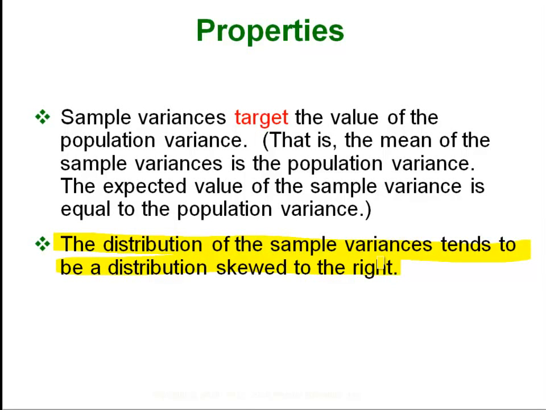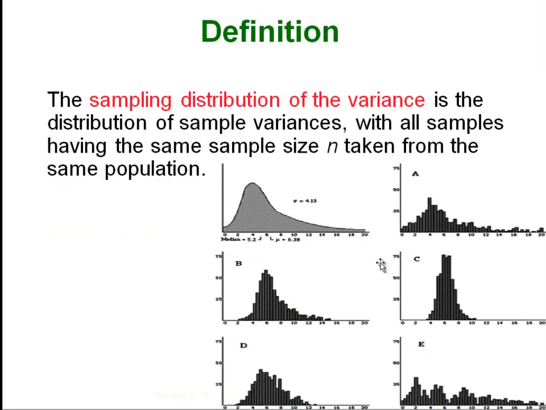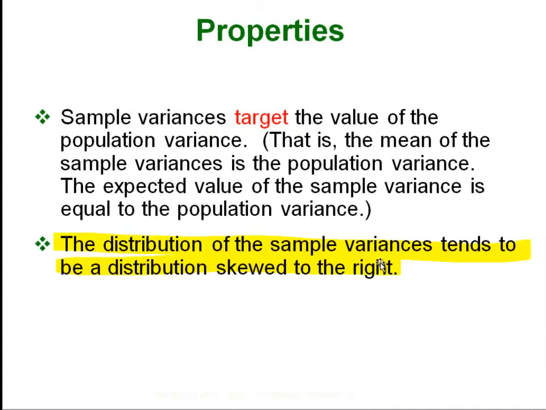So when we do means, we get nice, pretty, perfect, normal curves, but when we do variances, we get these things that are skewed. Okay? But we still get the result of the average of our distribution is going to be the same thing as the target statistic. In this case, it's the variance, right? Because we're taking data and calculating variances. So the average variance will actually be the variance of the population.